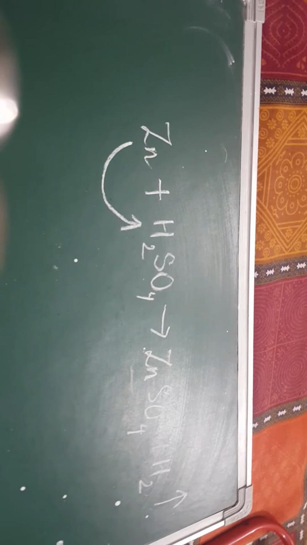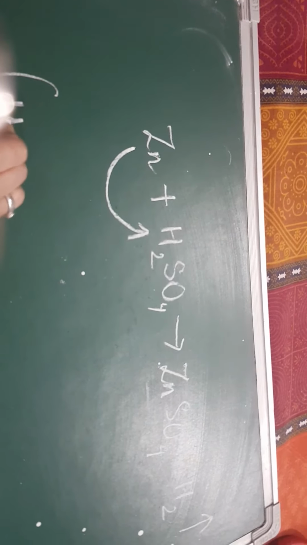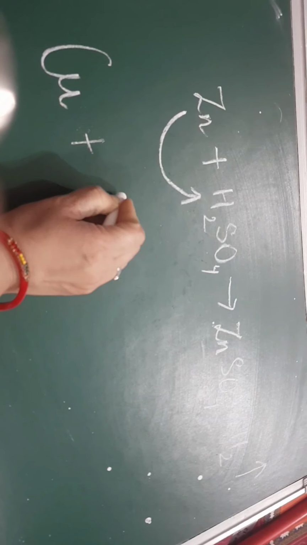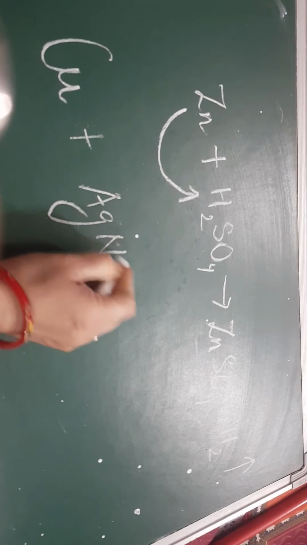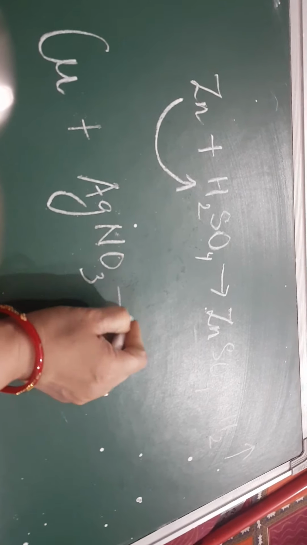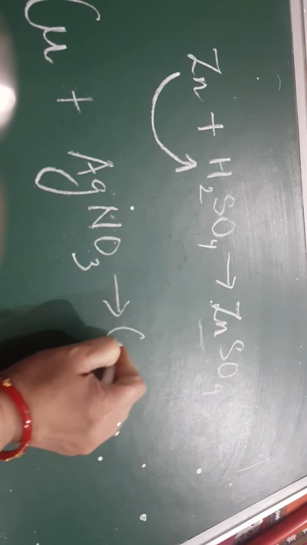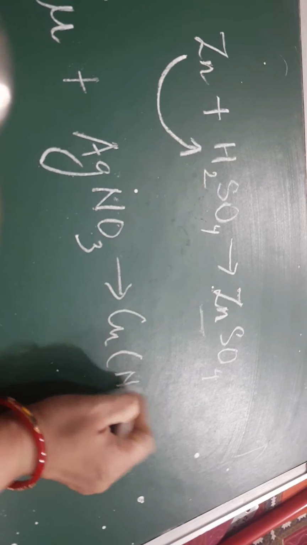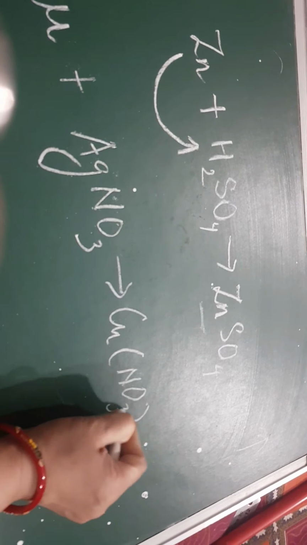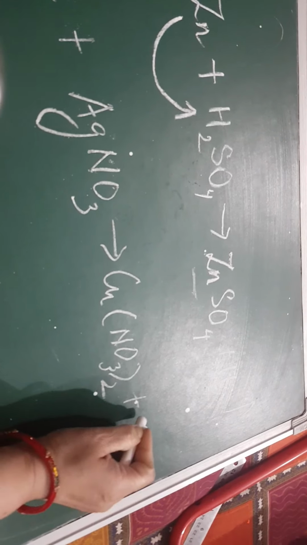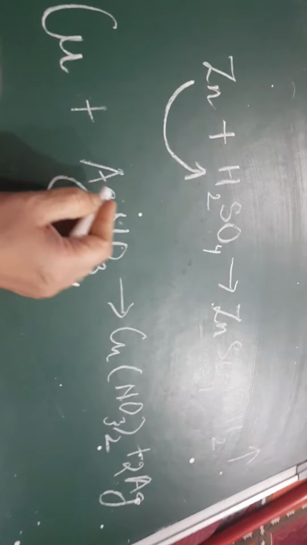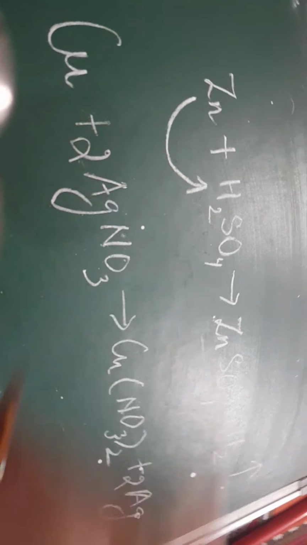Now another example of displacement is copper plus silver nitrate, AgNO3, gives copper nitrate, Cu(NO3)2, plus Ag. 2 Ag for balancing, and here also 2 silver nitrate.